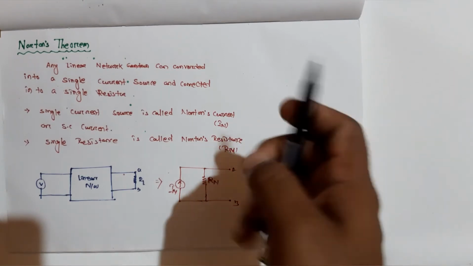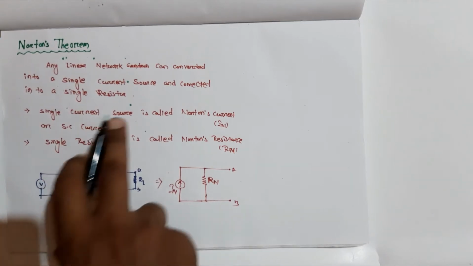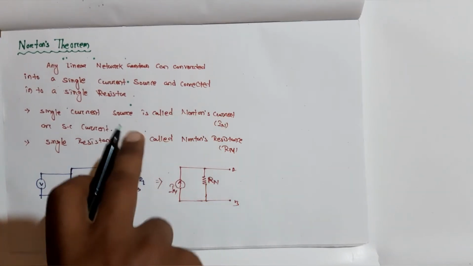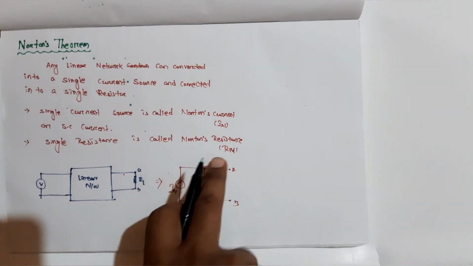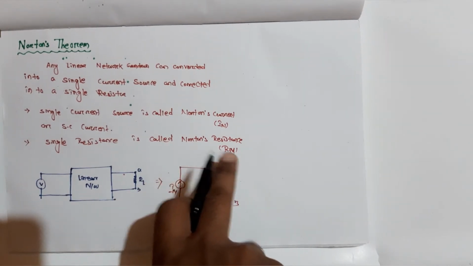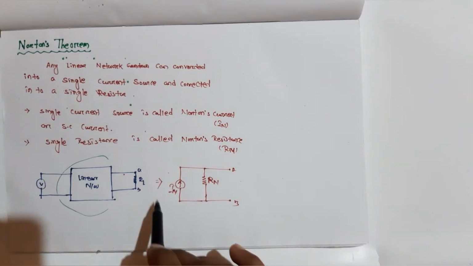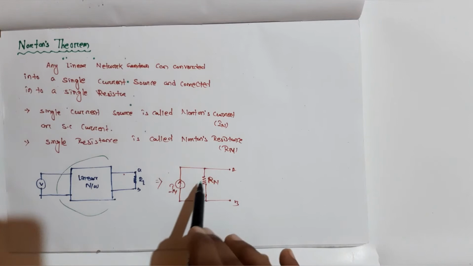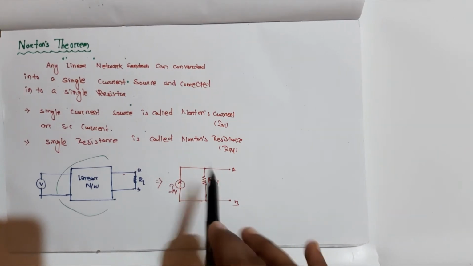This single current source is called the Norton current or short circuit current, and this single resistance is called the Norton equivalent resistance.